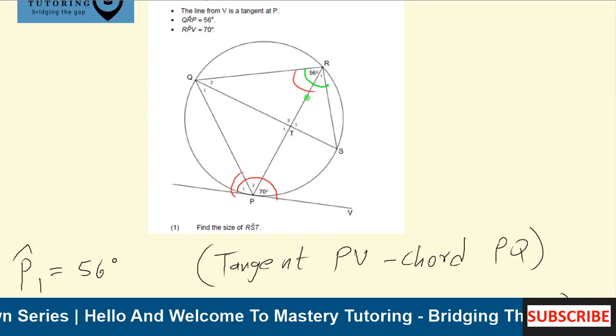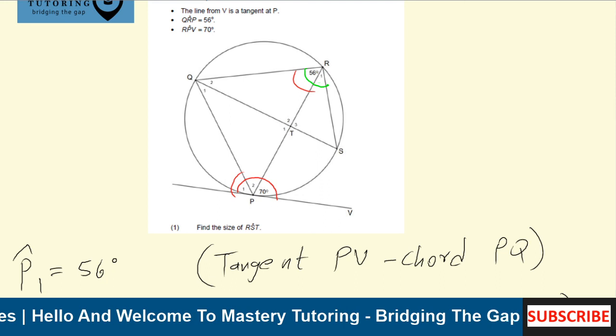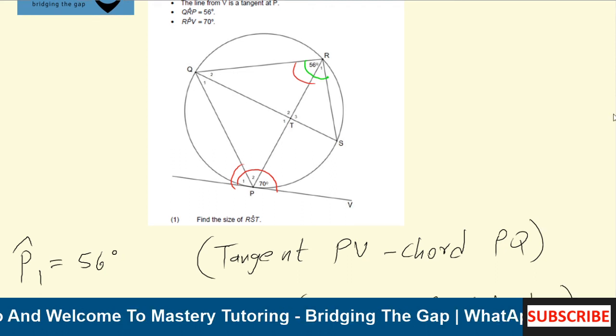So 56 plus R1, which is 37, has to sum up to 90 degrees. If it doesn't sum up to 90 degrees, then we can't say QS is a diameter of the circle, because this angle has to be 90 degrees.